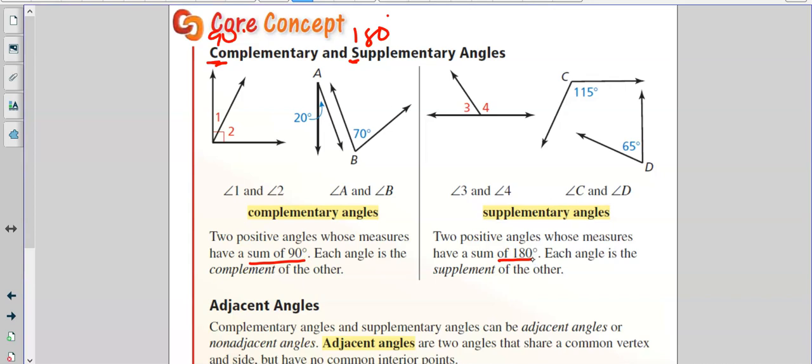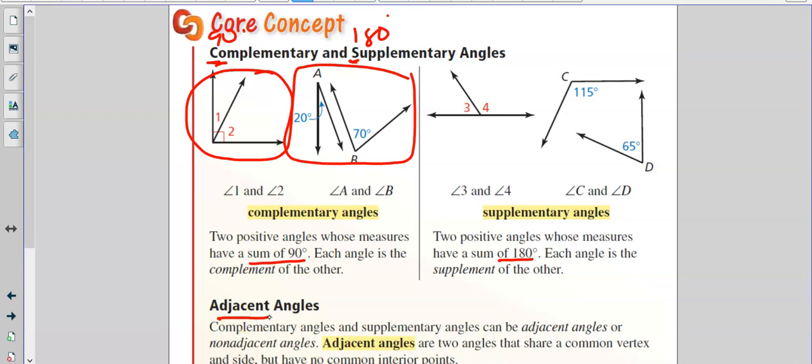Now, these two angles can be combined and touching like this, or they can be two totally separate angles, just 170, 120, that add up to 90. All right? They don't have to be touching. If they are touching, then they are what's called adjacent. And if you think about it, if someone is adjacent to you, they're next to you. All right?